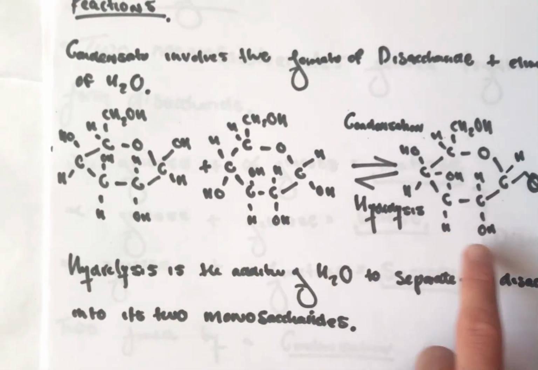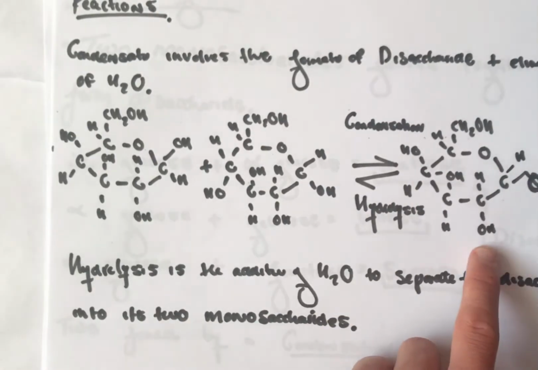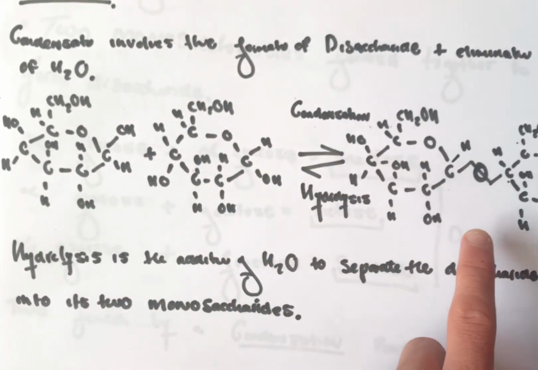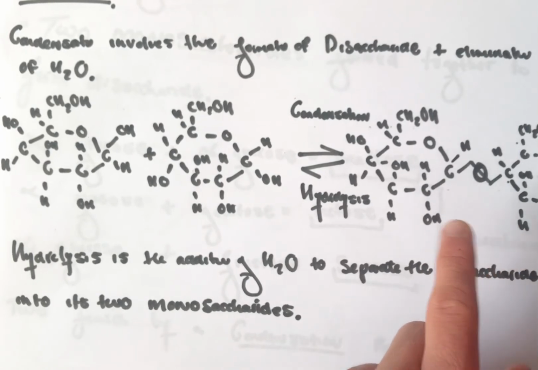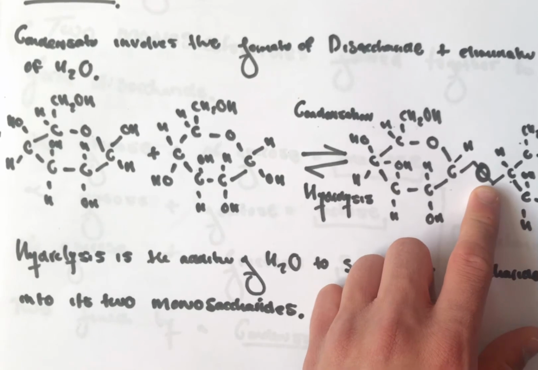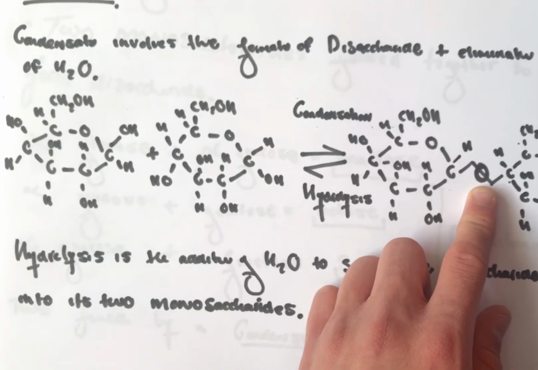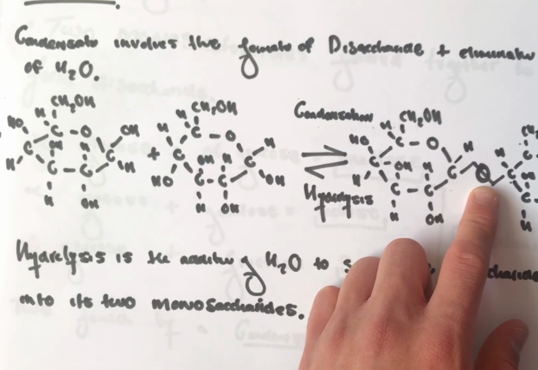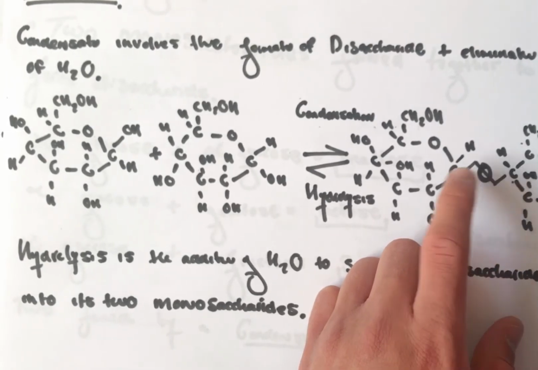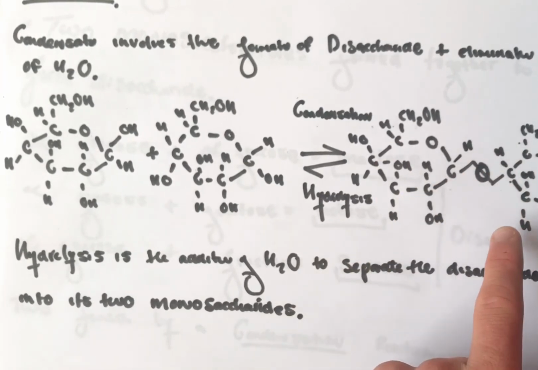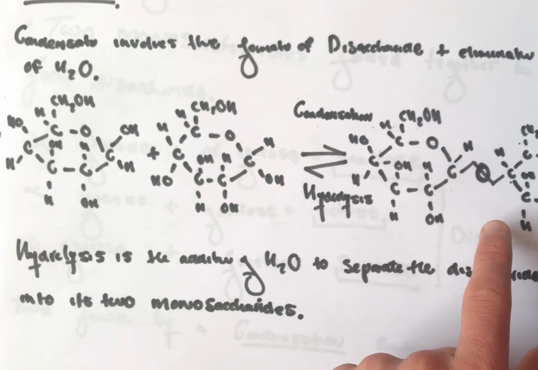These react together in a condensation reaction to produce this molecule here, and if you remember from the previous equations, this molecule is lactose. The bond that joins these two monosaccharides together to form the disaccharide is known as a 1,4 glycosidic bond. It's between carbon number 1 on this molecule and carbon number 4 on this molecule.